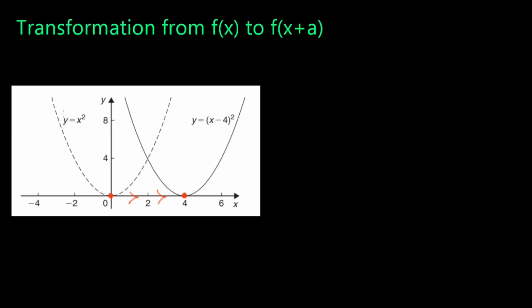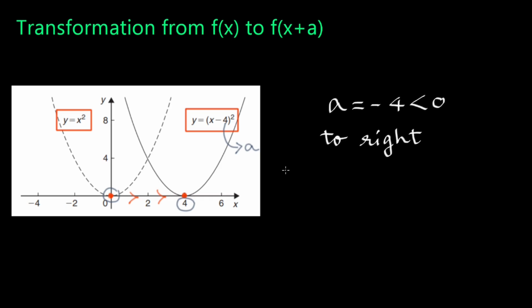In simple transformation of the curve y equals x square to y equals x minus 4 whole square can be obtained by shifting this 0 to this 4, which is a, to the right along the x-axis. This is because a in this case is minus 4, which is negative, hence the shifting happens to the right, the shape of the curve remaining the same.